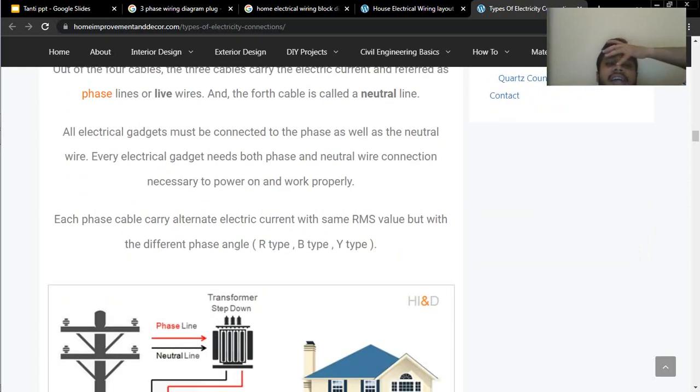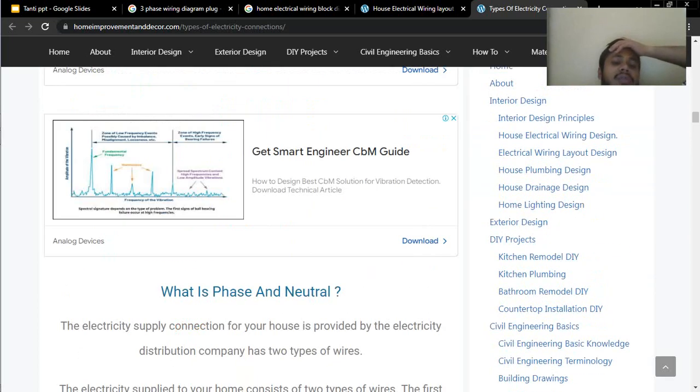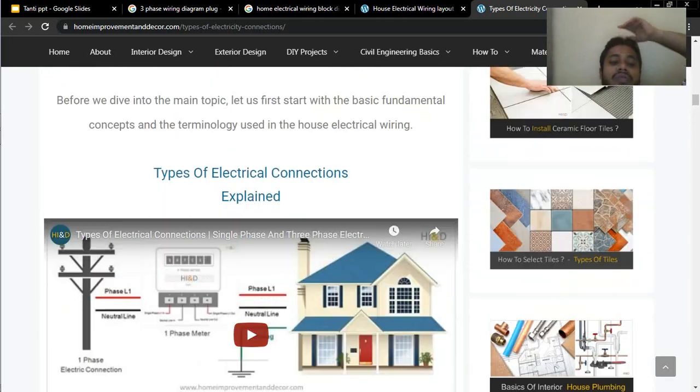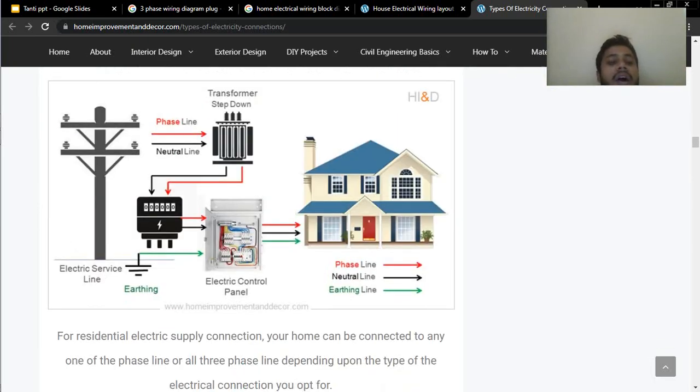All electrical gadgets must be connected to the phase as well as the neutral wire. Every electrical gadget needs both phase and neutral wire connections to power on and work properly. For three phase, you have three phase wires, but you can use one phase and one neutral, and that is enough, right?